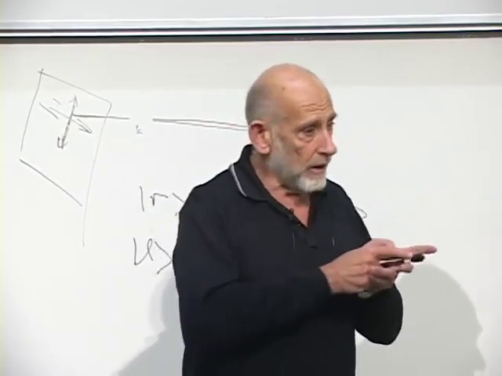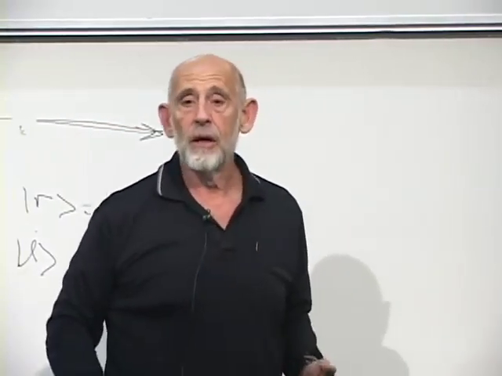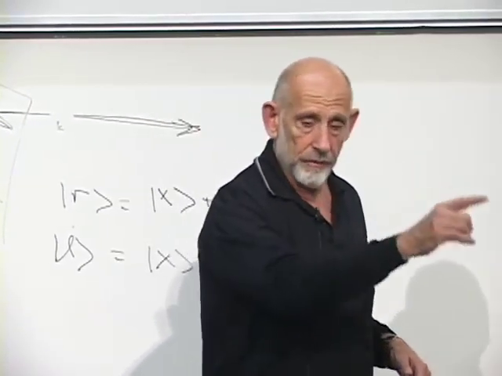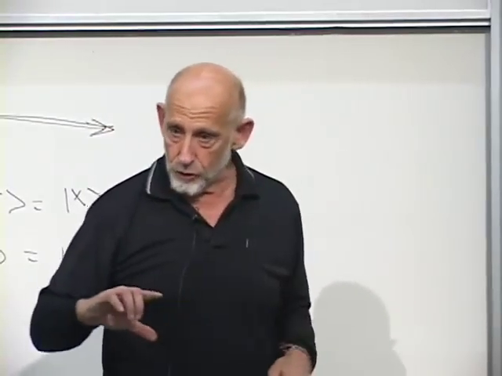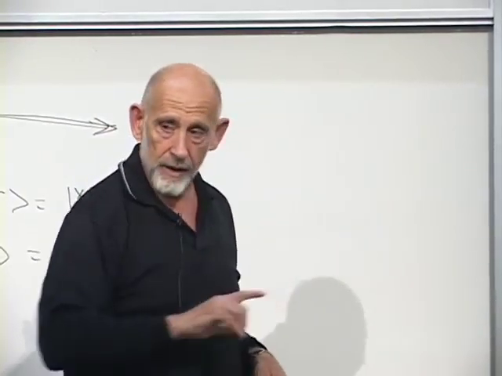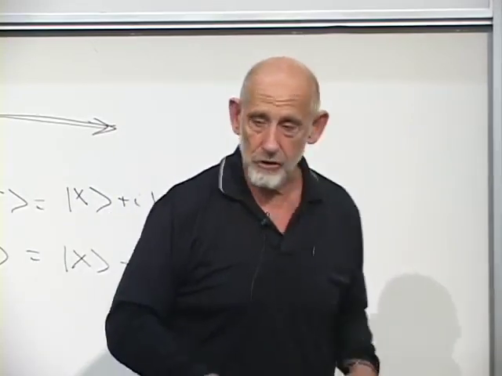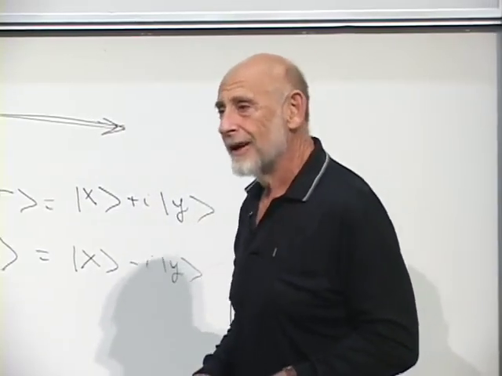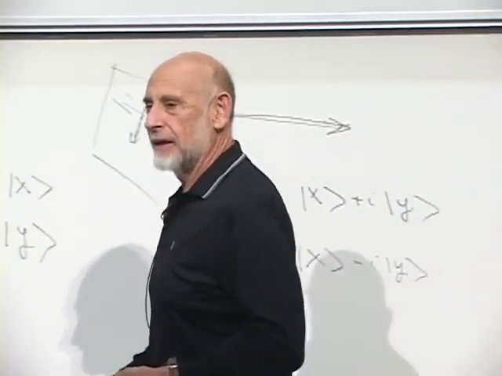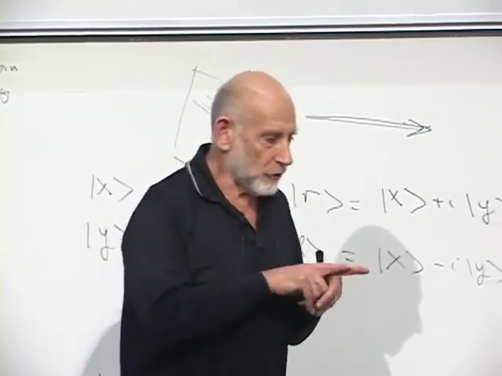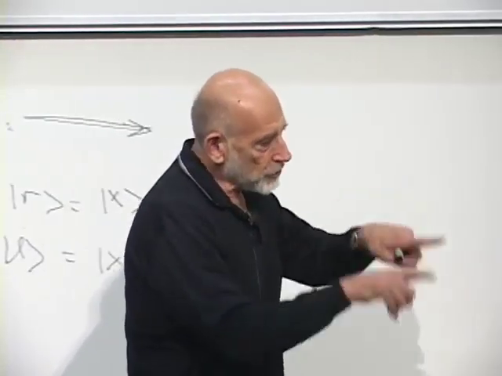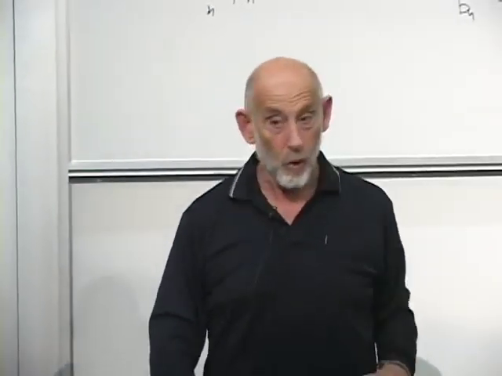A graviton moving down the axis with maximal angular momentum, that means 2 units of angular momentum along the z-axis, is mathematically the same as 2 photons, each with 1 unit of angular momentum.